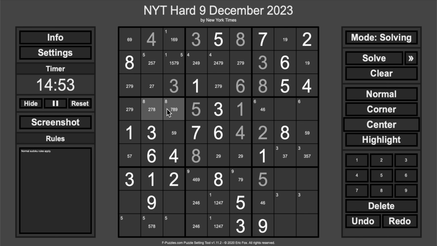That ends up as 7, 8, 9. I really don't like my offset pair of 5s here.